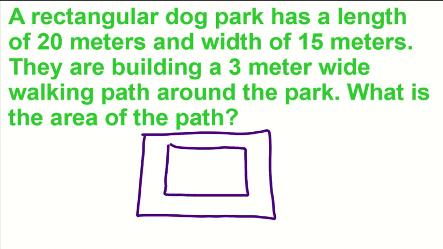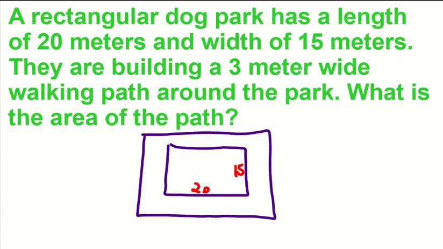All right, everybody's good with that part, right? We got the park in the middle. We got the path going around it. That's how the picture would at least kind of look, right? So what we want to do, it's a shape inside of a shape. You do big area minus little area. The little area is the actual park. We got 20 by 15.